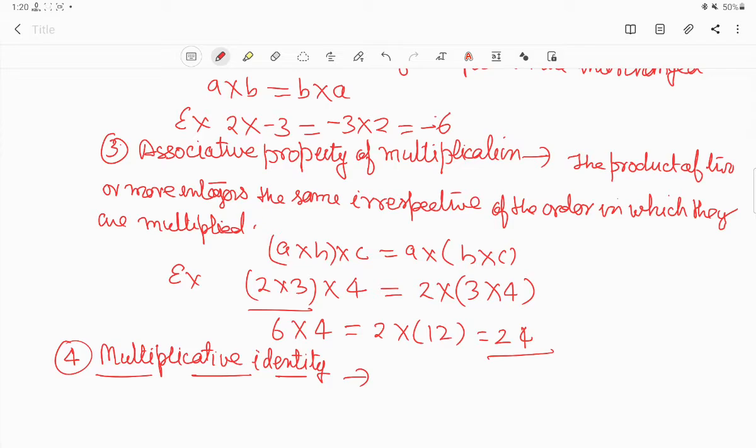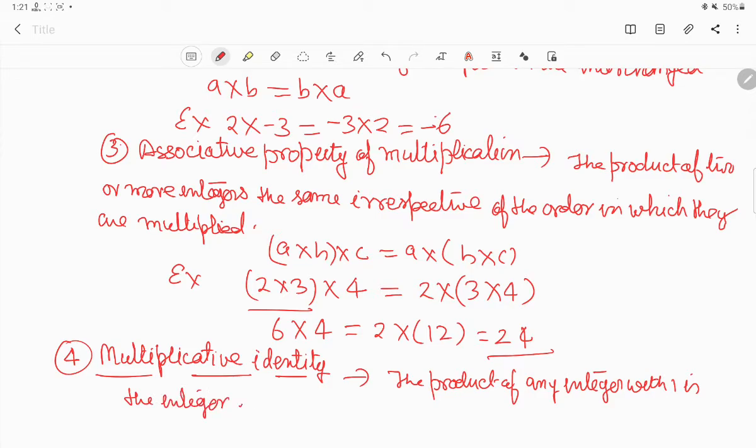So 1 is the multiplicative identity. The product of any number with 1 is that number itself. The product of any integer with 1 is the integer itself.